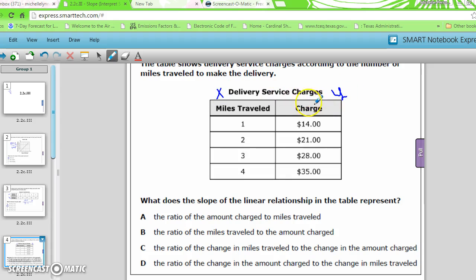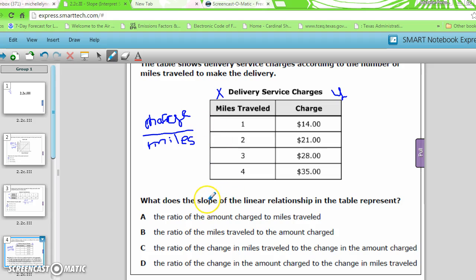So your y is charge over miles traveled. I'm just going to write miles. Okay, so our rate of change or our slope is the charge per miles.